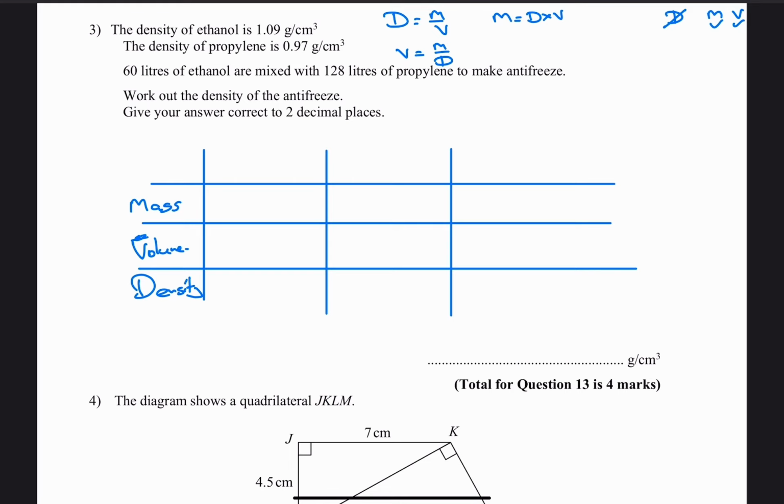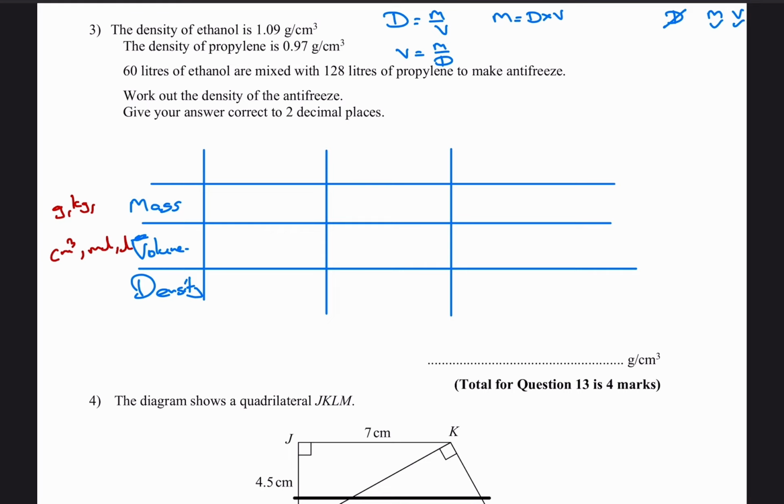Remember, how do I know something is a volume? Because all I'm looking for is the unit: centimeter cube, meter cube, or maybe milliliters or liters. Mass is basically grams, kilograms. You don't have to write the unit when you're working out, I'm just showing you.